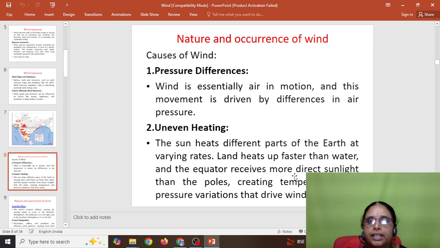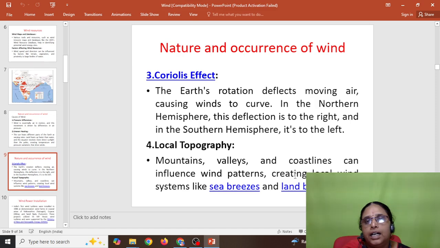Nature and occurrence of wind, that is how wind is produced. As we all know, due to pressure difference, air usually moves from a high pressure area to a low pressure area. That is due to the sun's uneven heating of the earth. The third one is the Coriolis effect. This is nothing but the earth's rotation deflecting moving air.